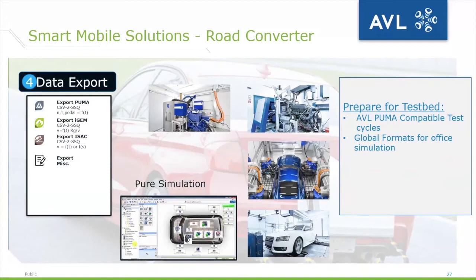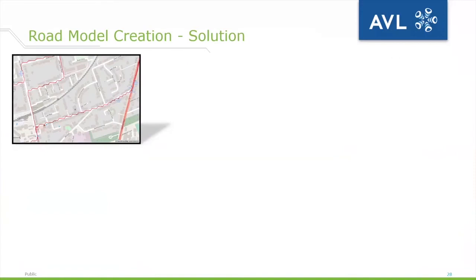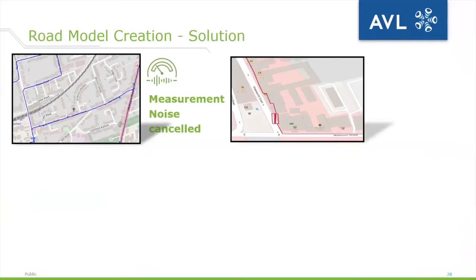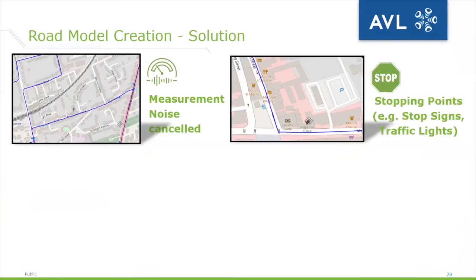Yes, so let's also see what the solution looks like in the case of road digitalization. Here we see in the example before that the measurement noise has been cancelled, so we are able with Road Converter to correct the noise that has been generated and clean it up. Also, in the case of stopping points, we can reduce the noise during these stopping points.